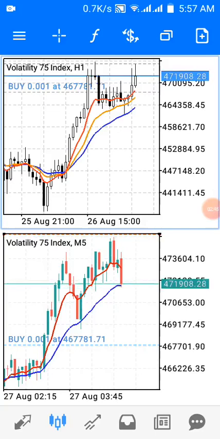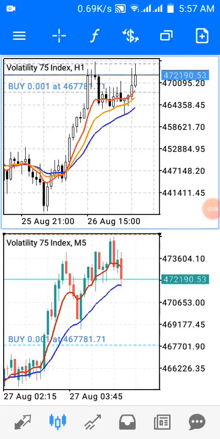Now the aim of this strategy is to make use of exponential moving averages. On the upper window I have 3 exponential moving averages, and on the lower window I have 2 exponential moving averages.